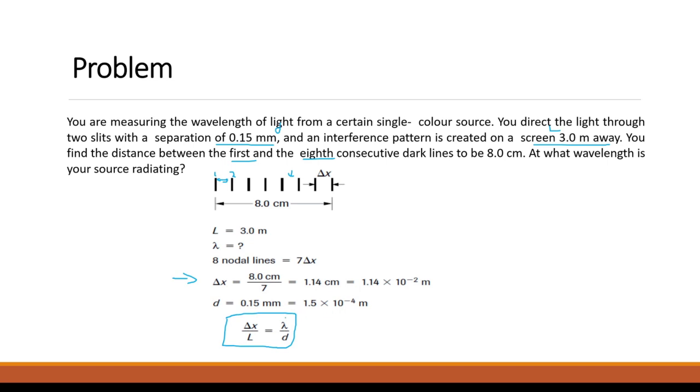We also want to convert our D, which is in millimeters, so times 10 to the -3 conversion. And so now we have our delta x taken care of. We have our L from the question, our D from the question, and we want to find wavelength. So we're all set to go.